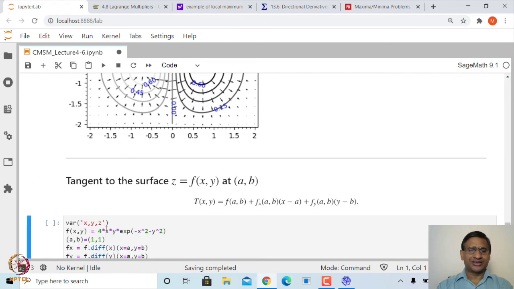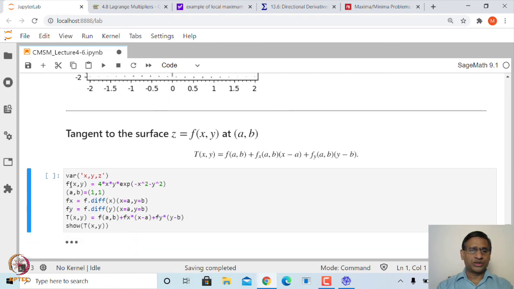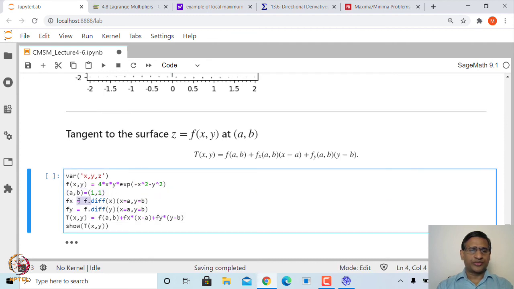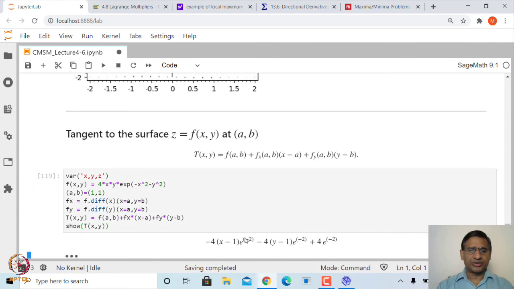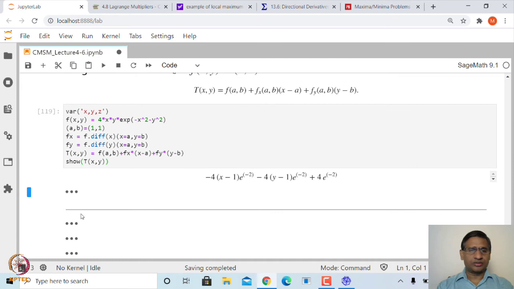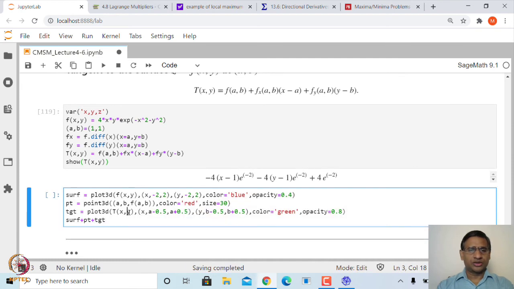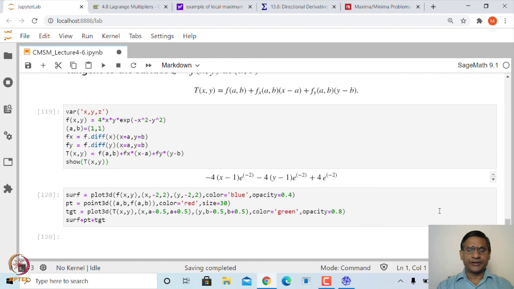So let us again take the same surface and try to plot the tangent. f(x, y) is equal to 4xy times e to the power minus x square minus y square. (a, b) is again (1, 1). Find out fx, fy at (a, b) and then define the tangent, and then let us see what is the tangent plane. The equation of the tangent plane is this, and one can try to plot the graph of the surface along with the tangent plane.